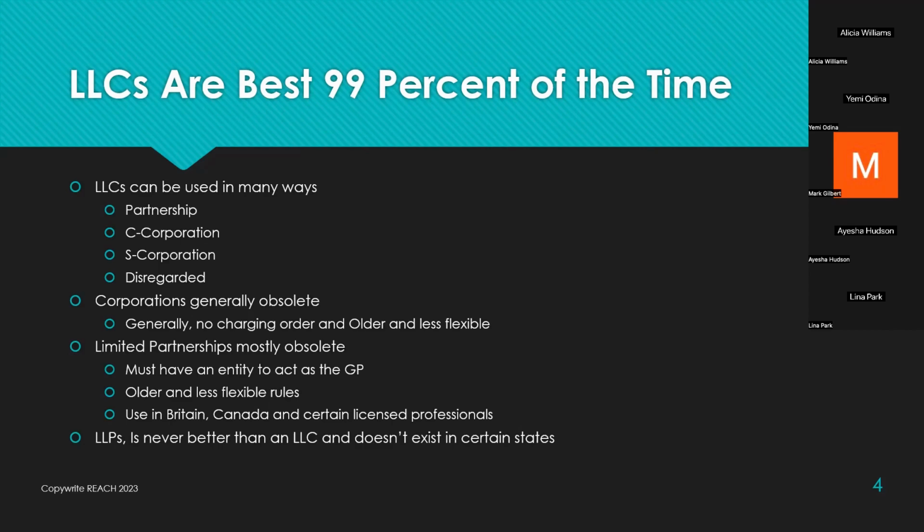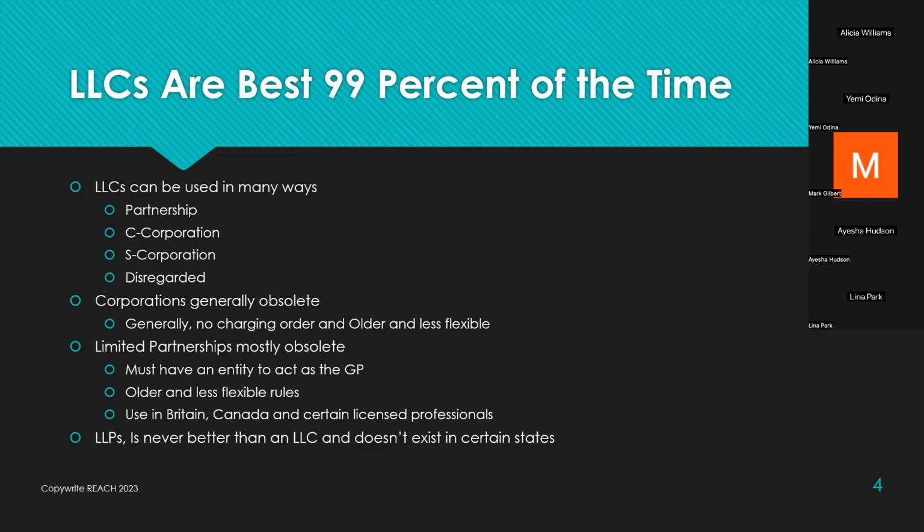So corporations are generally obsolete, and when they are used, it's for the really big businesses that have a need to have shareholders and other things. In corporations, there are no charging orders, and we're going to talk about a charging order in just a couple of minutes.